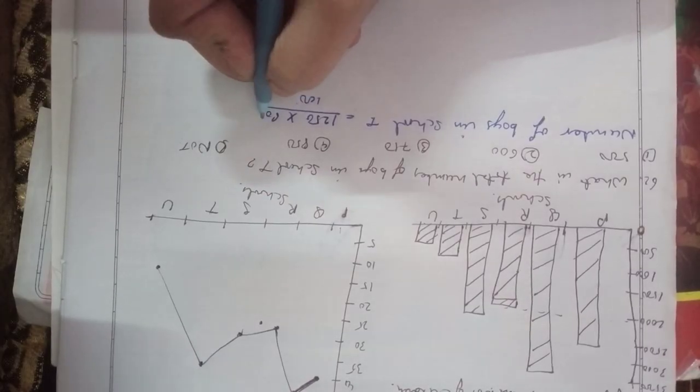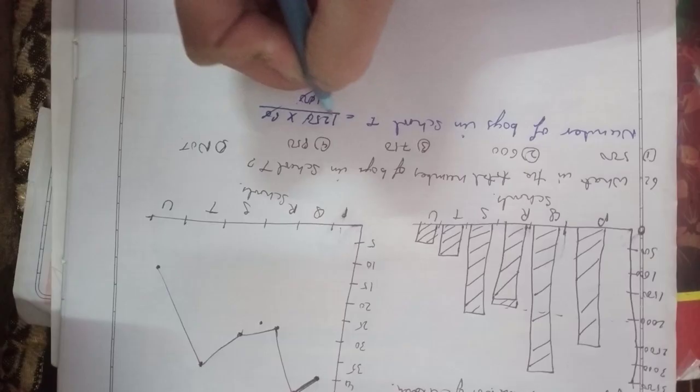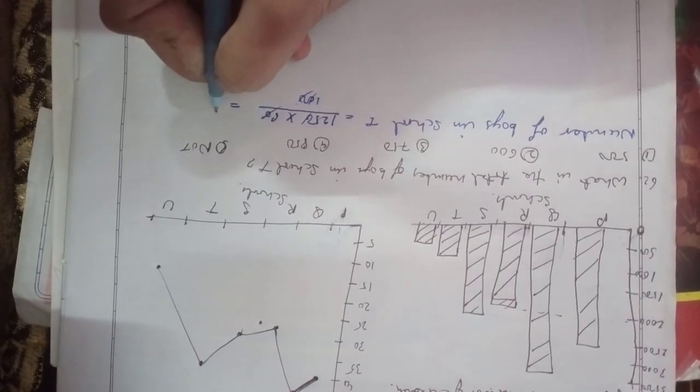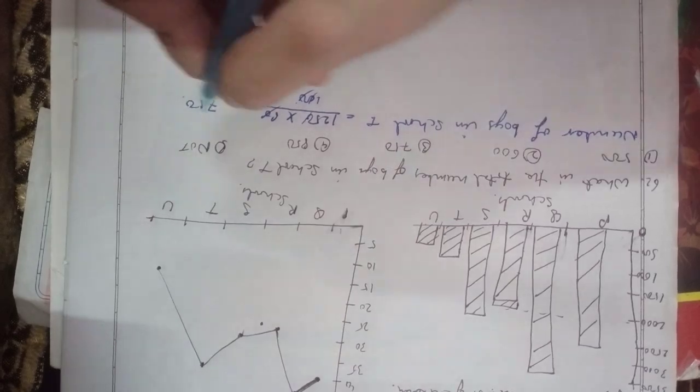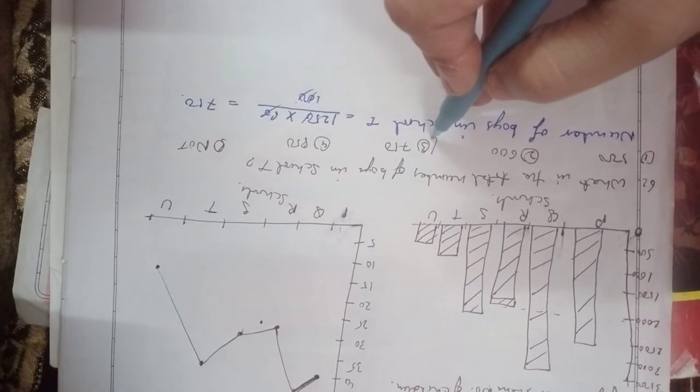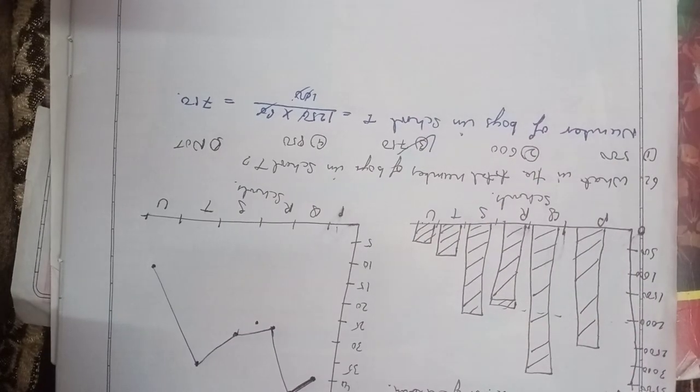Here 125 into 6, that is 750. So 750, you have an option here itself. As you can see, the third option will be the right answer for this particular question.